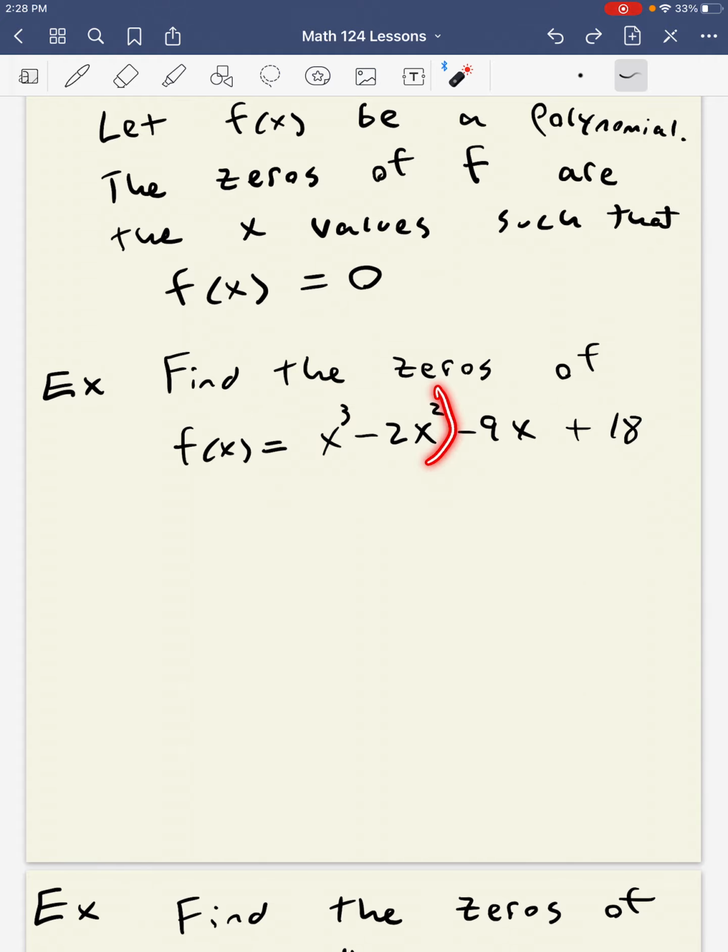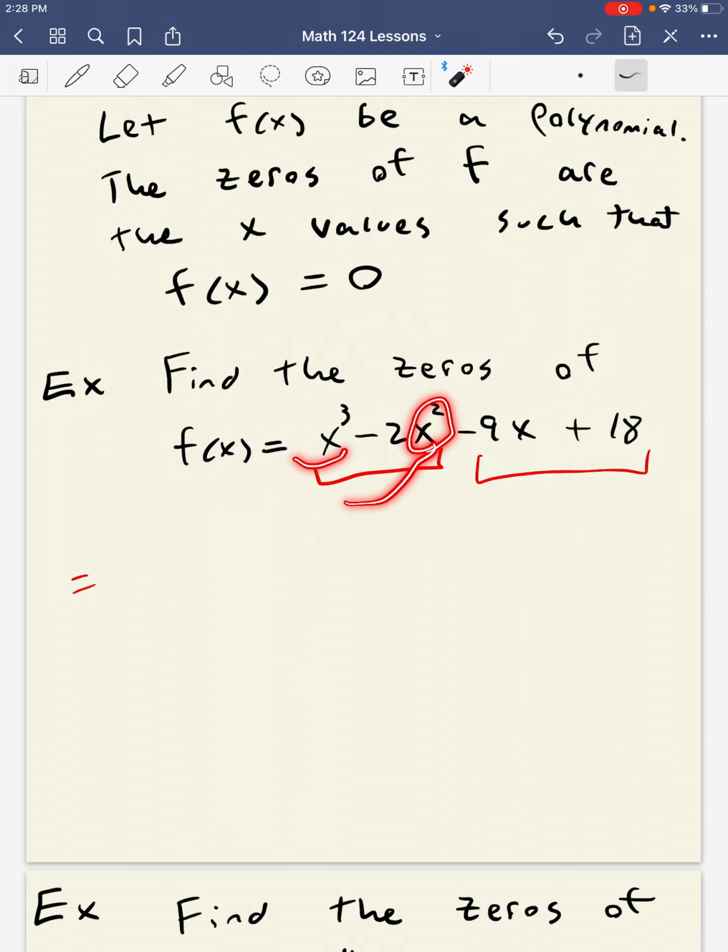How I'm going to factor this is called factoring by grouping. What that means is I group these two terms together and I group those two terms together. I'm going to think of these two terms as one group and these two terms as another group. If we look at this first group, we have x to the 3 and x to the 2.